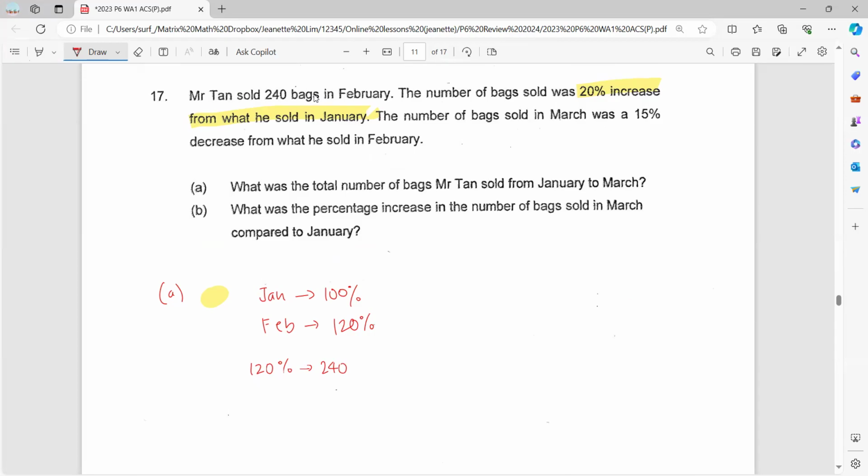Use this to find January. Okay, so 1% is 2, and then January is 100%, which is 200.